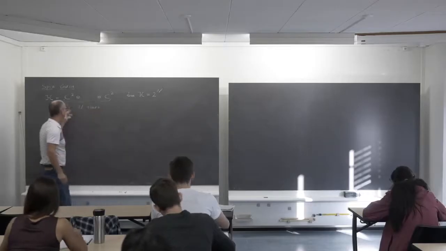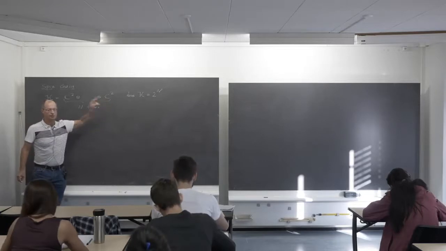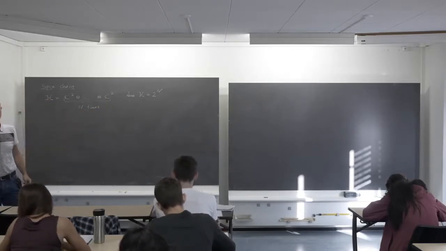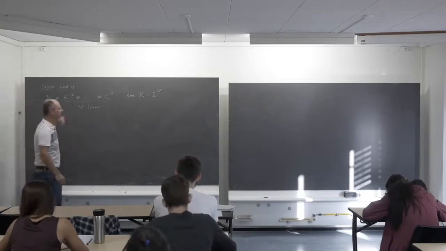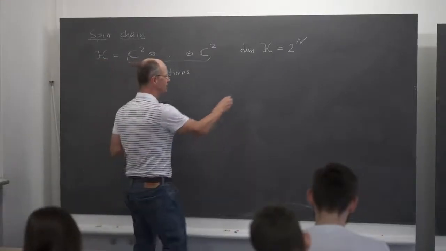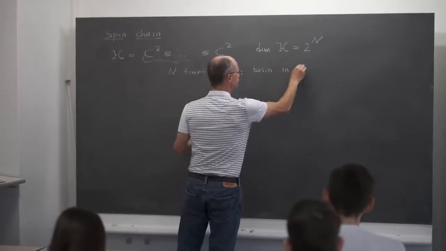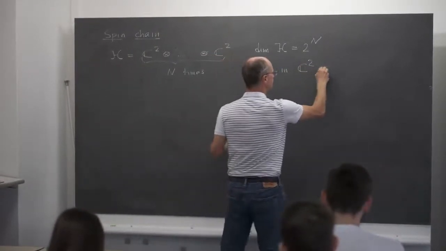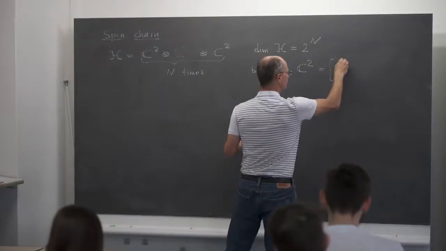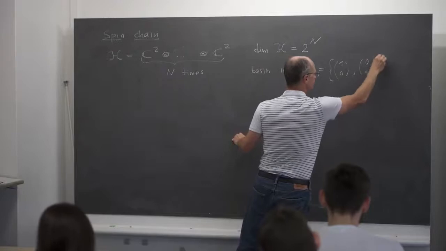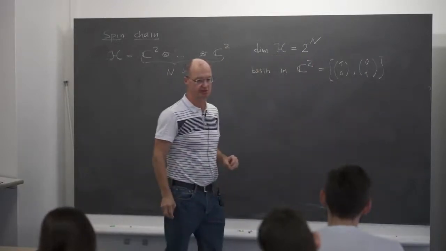Perhaps I'll recall a little bit how one works with those tensor products. So you were already working with tensor products at the exercises, but let's recall a little bit how it works. So first of all, let's fix the basis in C2. Let's choose just the standard basis.